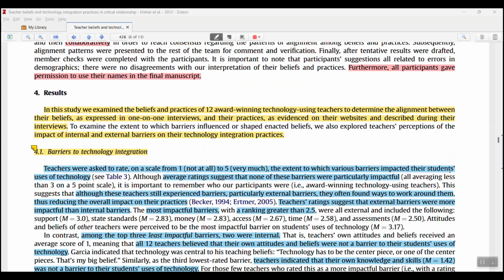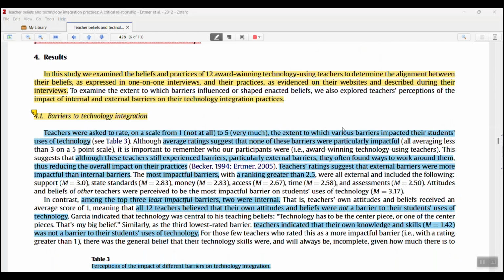However, there is one confusion that I got from reading the results part of section 4.1. The fact is that here teachers were asked to rate on a scale from 1 to 5 the extent to which various barriers impacted their students' uses of technology. But in this paper, actually, it was about teachers' usage of technology.